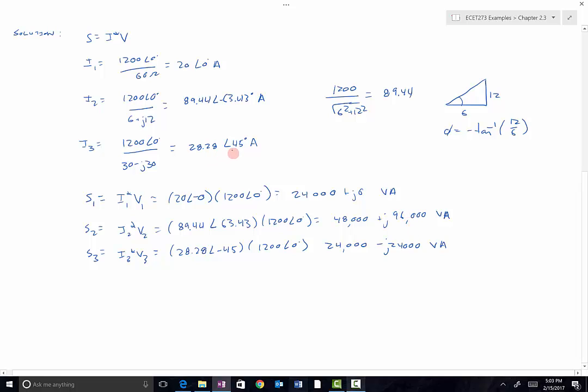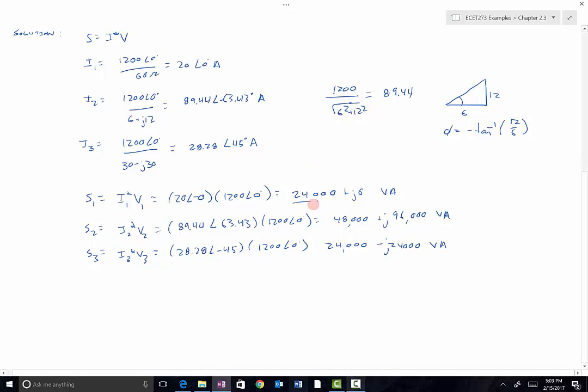In the capacitive branch, the current leads the voltage. I get 24,000 watts absorbed by the resistor and 24,000 VARs delivered by the capacitor in that branch. So all those signs jive with what I would expect.